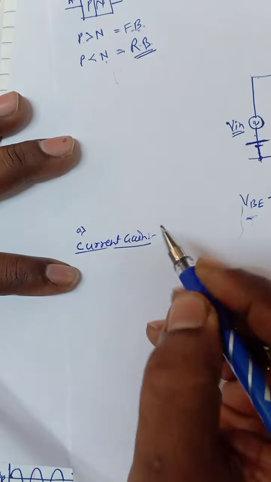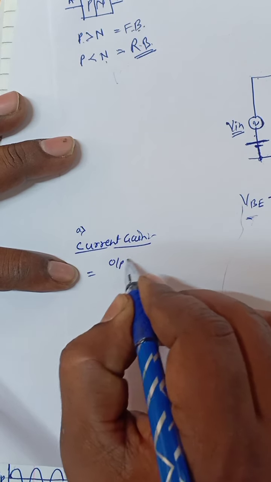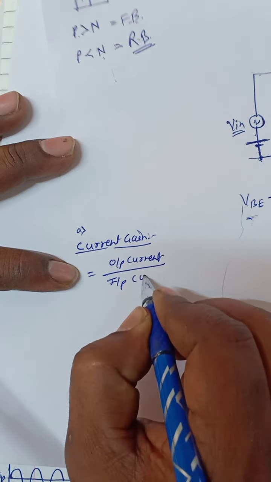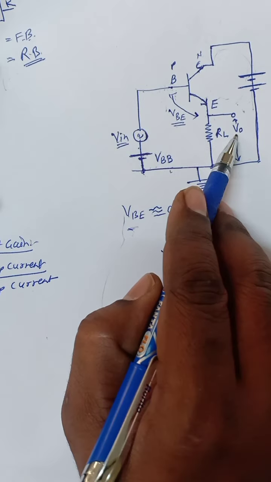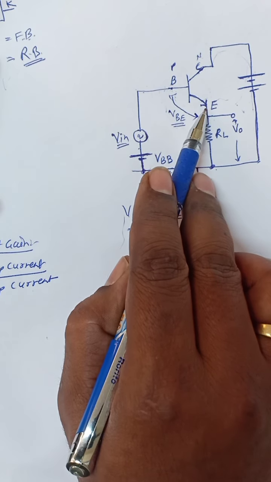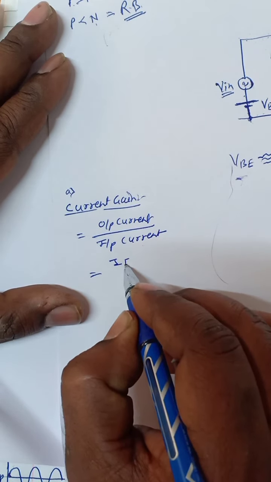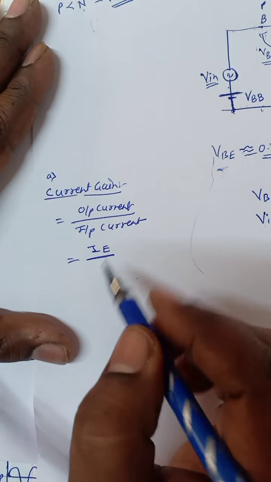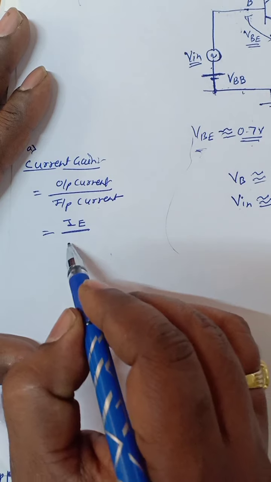current gain is nothing but a ratio: output current divided by input current. Here the output current is the current at the output side, the emitter, so the output current is the emitter current IE, and the input current is the base current IB.